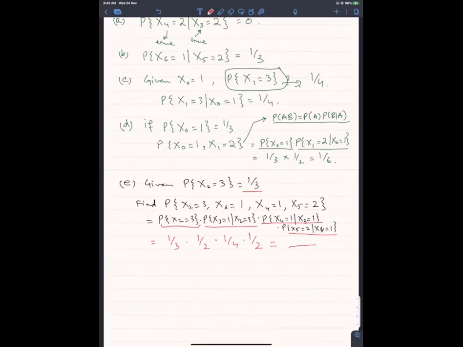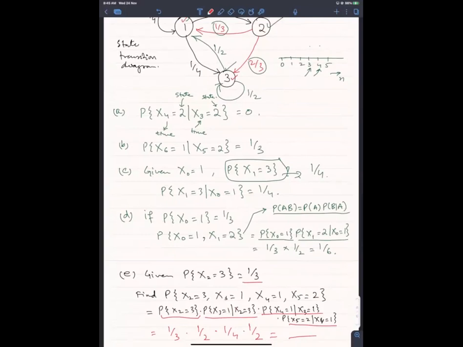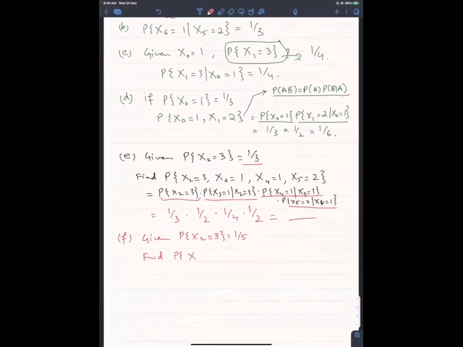If I ask you this question, given probability x2 is equal to 3 is equal to 1/5, find the probability x2 is equal to 3, x3 is equal to 2.